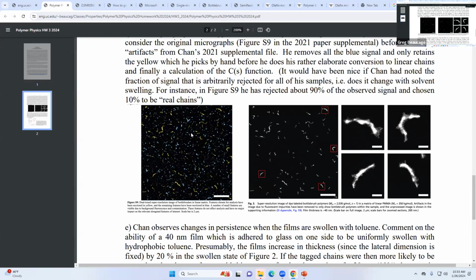Right, so he's going to take this image, handpick the yellow ones. Then he goes through a process called thresholding, where you just get white and black, and feeds it into a computer program that does this tangent business. And then these are kind of the enhanced images, and this is what he's going to get, this persistence thing. So looking at this is totally bogus, like absolutely totally ridiculous.